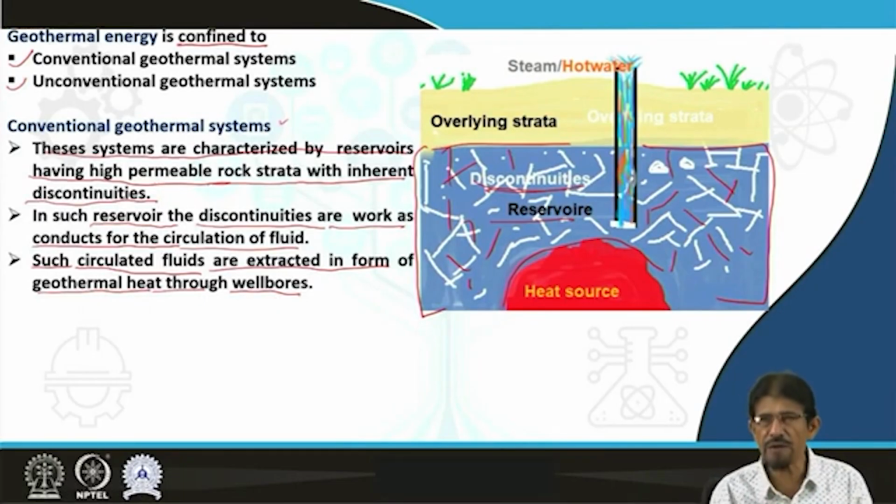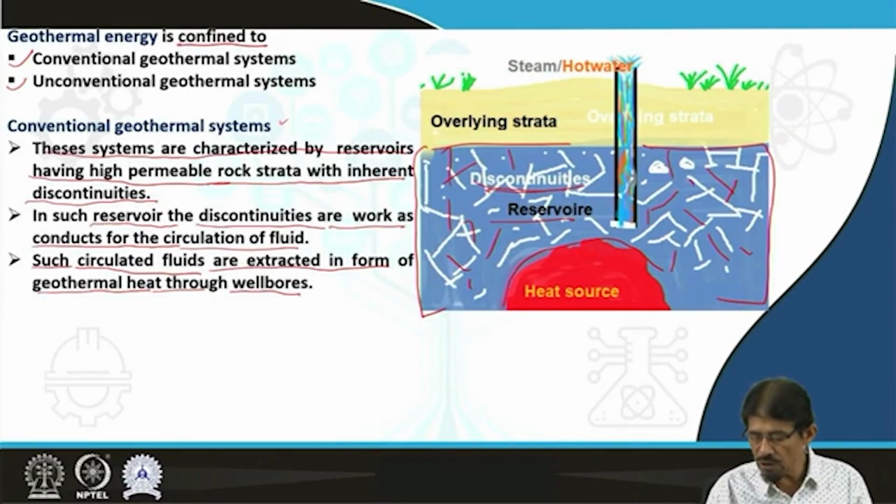As far as the structural features of the geothermal reservoir are concerned, the reservoir is characterized by high permeability due to the presence of discontinuities like joints, fractures and cracks, and the flow of fluids makes the reservoir suitable for extraction of geothermal energy.